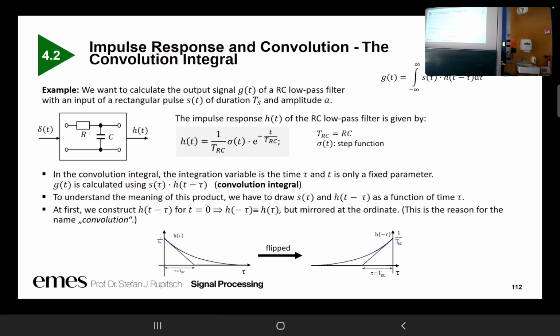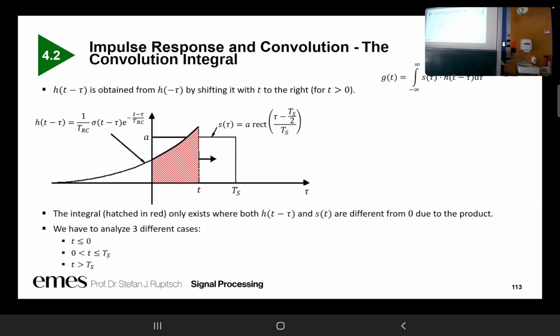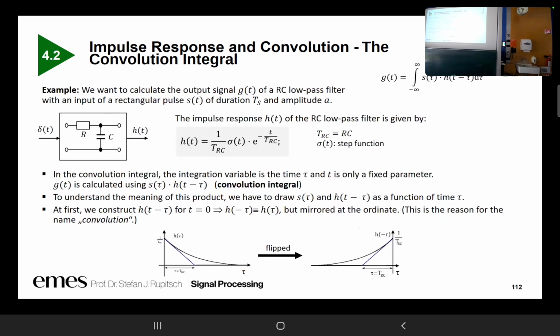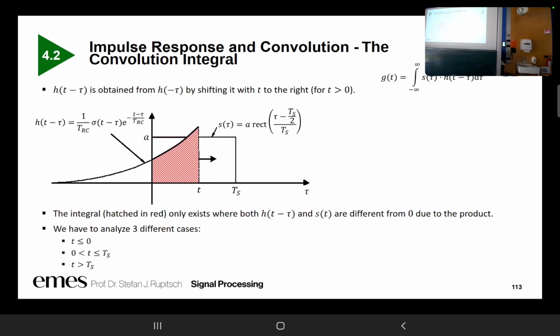Further questions? Yeah, in this case, this rectangular signal does not refer to the input of the... No, that's the input of the system. This rectangular does, but this impulse response is the response of the system for the periodic pulse.